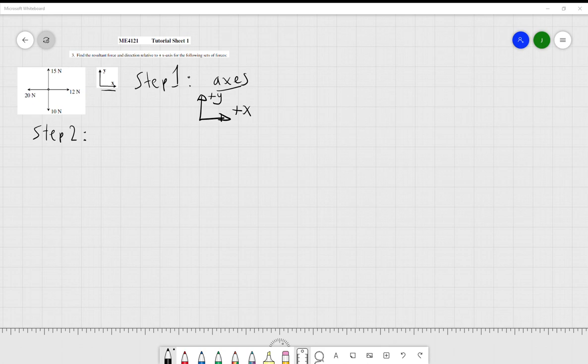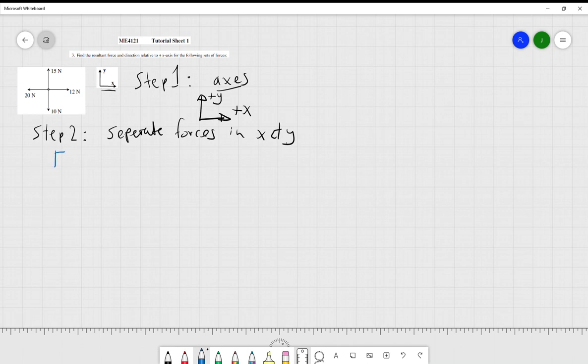They're along the positive and negative x and positive and negative y. So what we'll do is just separate the forces in the directions x and y. I'll use a different pen here so we can visualize that.